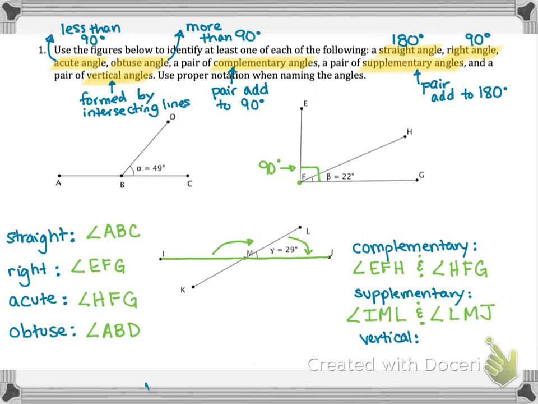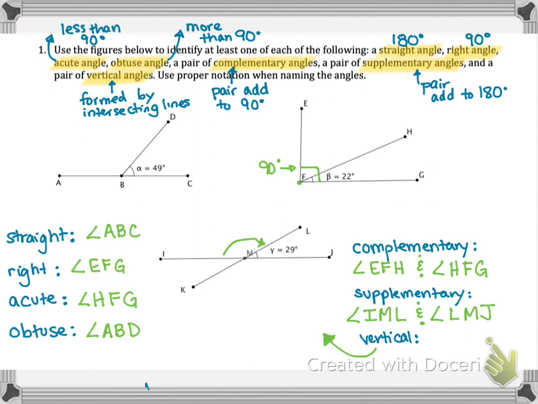And finally, vertical angles are a little tricky because they're formed by intersecting lines. So I'm erasing again because there's actually two pairs of vertical angles here. So I'm going to put an arrow because we're going to write the answers in this big white space here. So I'm going to use the picture to show you. The first pair of vertical angles is right here.